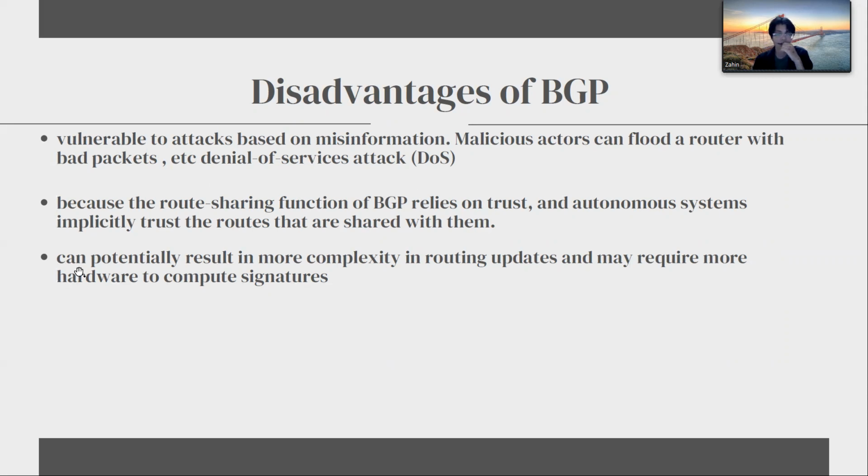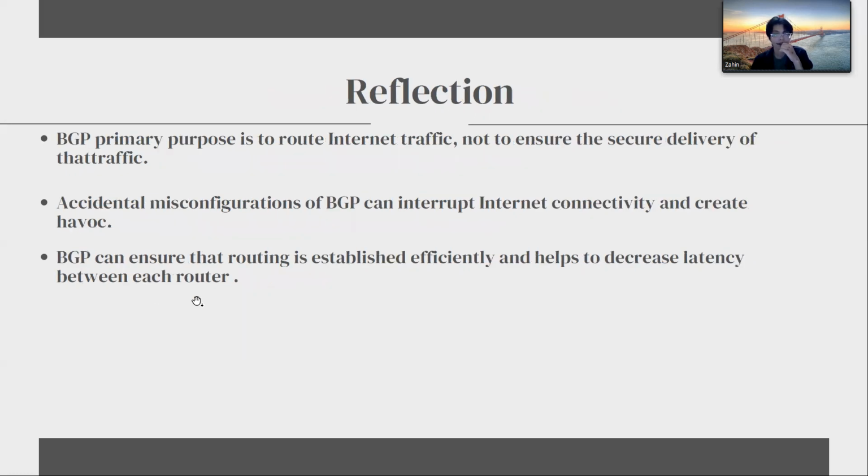Also, it can potentially result in more complexity in router updates and may require more hardware to compute signatures. So for reflection, BGP's primary purpose is to route internet traffic, not to ensure the secure delivery of that traffic, which means that BGP is not primarily to secure the network. It is just to make sure that the internet traffic routes better.